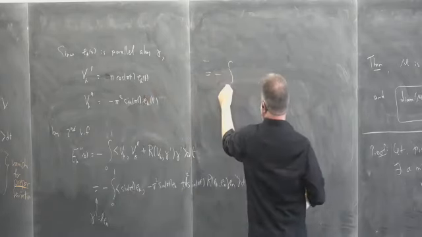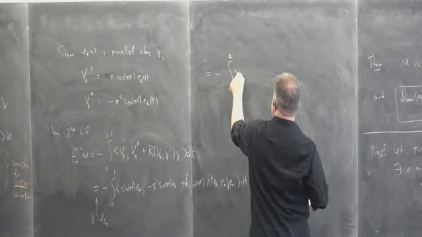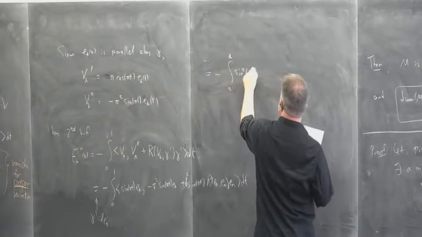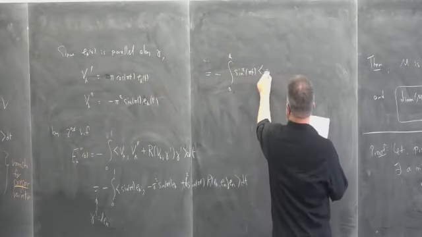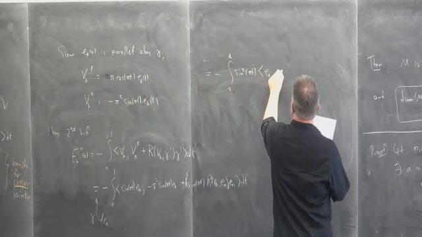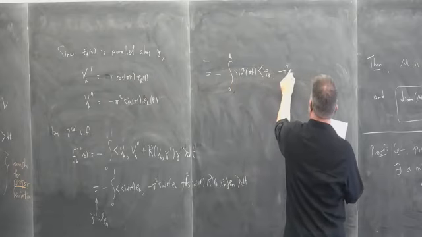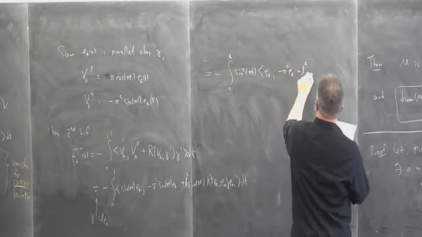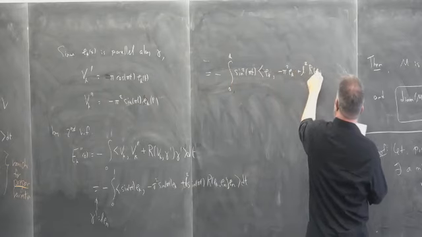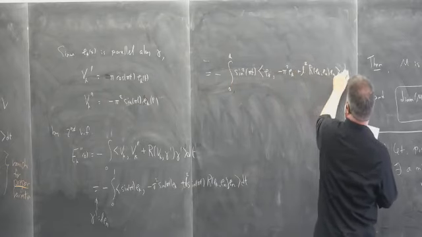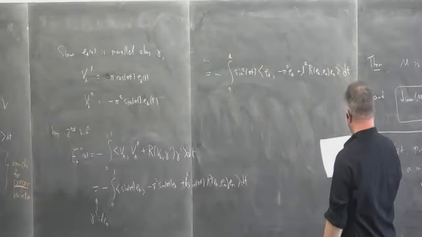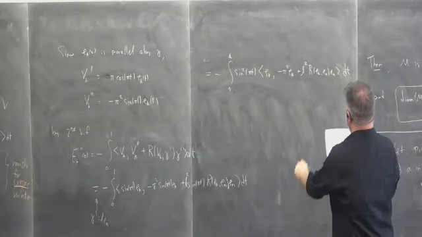So I get a minus integral 0 to 1 sine squared of pi t. And then what do I have? I have Ek inner product minus pi squared Ek plus L squared R of Ek, En, dt.